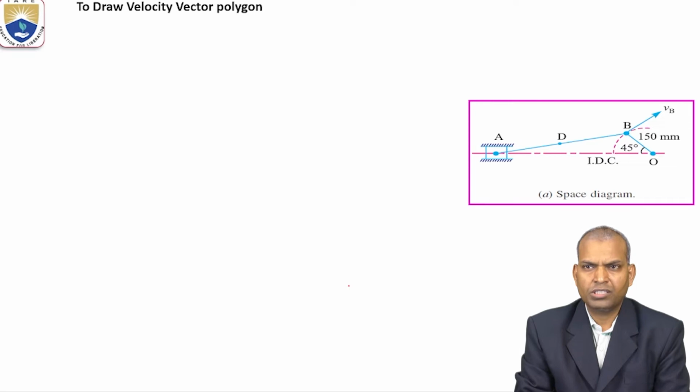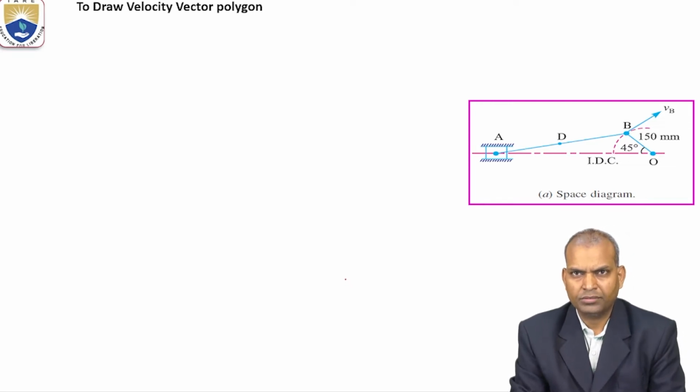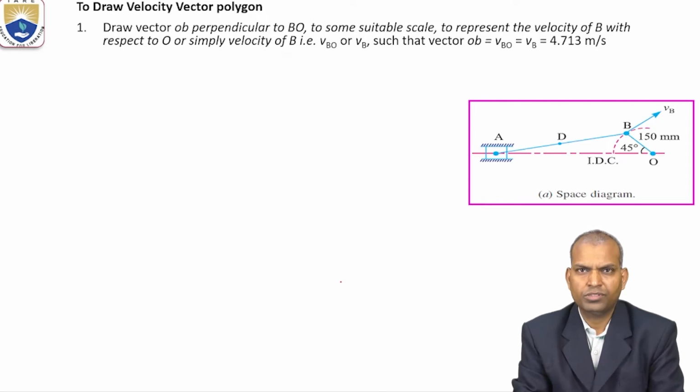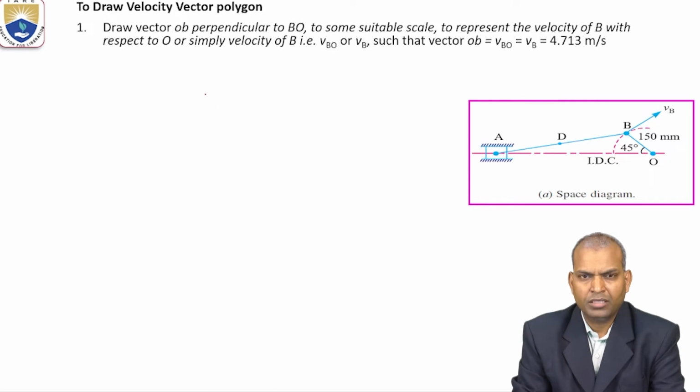How to draw the velocity diagram or velocity polygon? The first step is the procedure: draw vector OB perpendicular to the link BO. Capital letters indicate the configuration diagram.